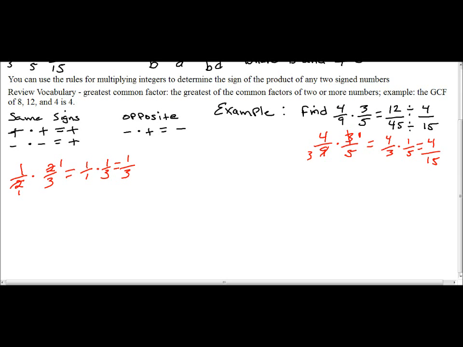Okay, let's take one more. Let's do 5 over 12 and let's multiply that times 3 over 20.